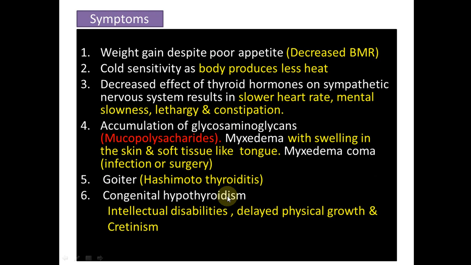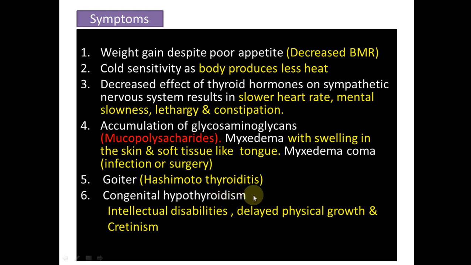This is very important because neonatal hypothyroidism is a very serious condition, and if it is not diagnosed and not properly treated at the earliest stages, it may lead to severe mental and physical abnormalities in the child. And for this reason, in most developed countries, the newborn babies are screened for congenital hypothyroidism.